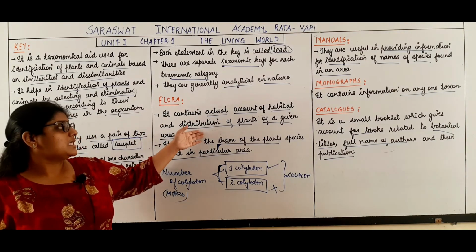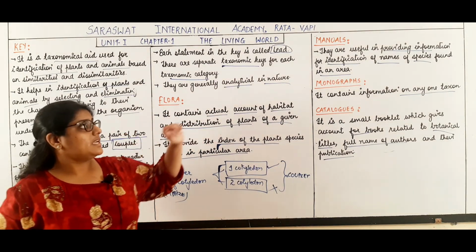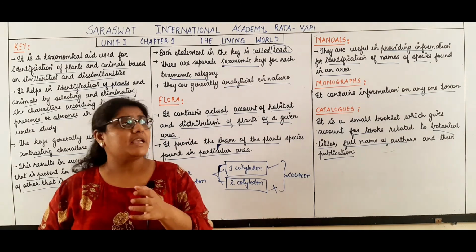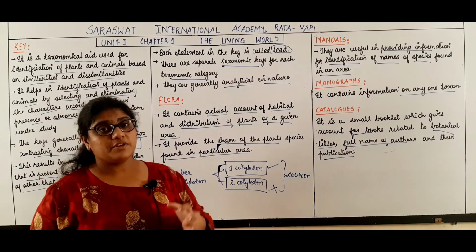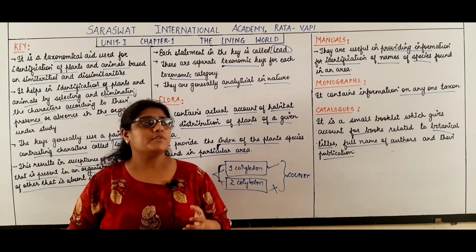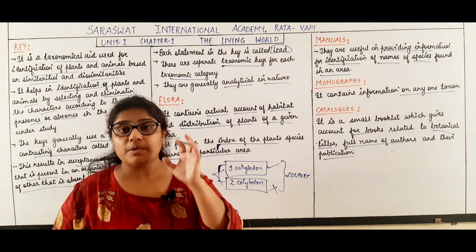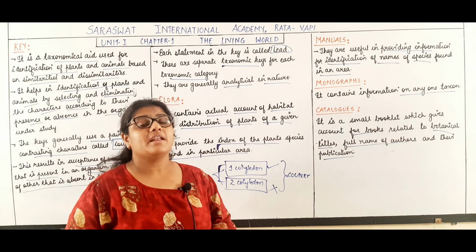Flora, which gives us the idea about the plants which are found in a particular area. Manuals, which provide the information regarding the names of the species found in an area. Monograph, which provides the information of one taxon, and finally a catalog, which is a small booklet which gives the information of the books which are related to botany, their authors and their publication.